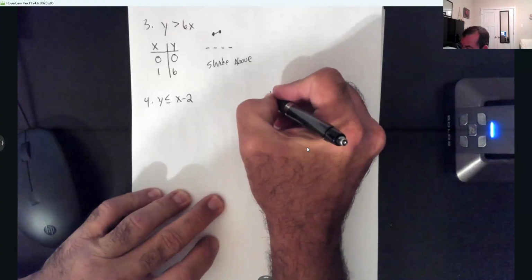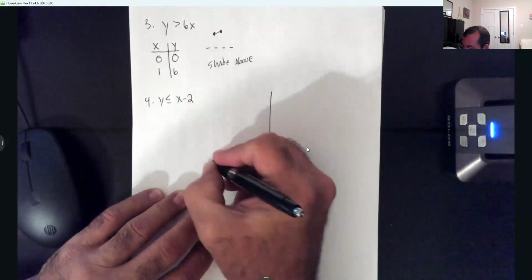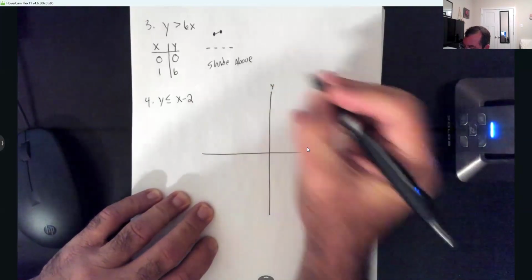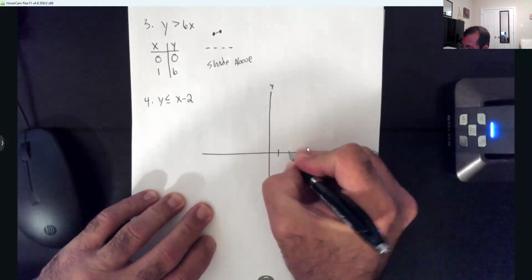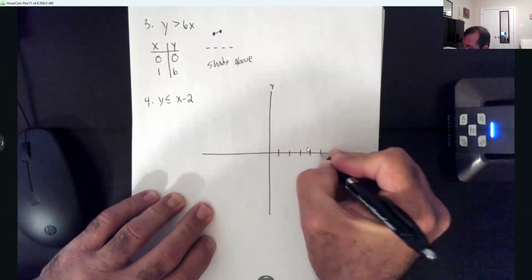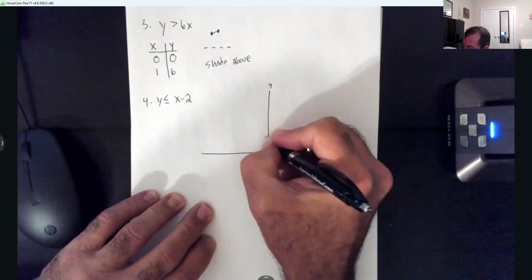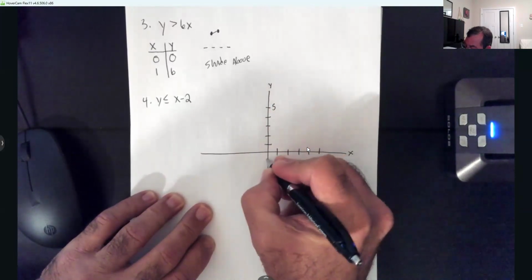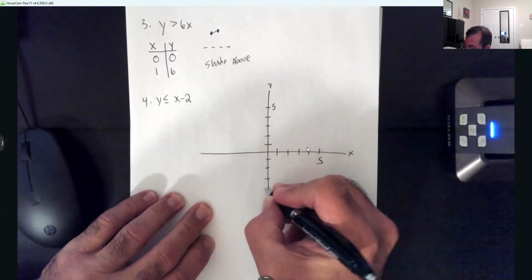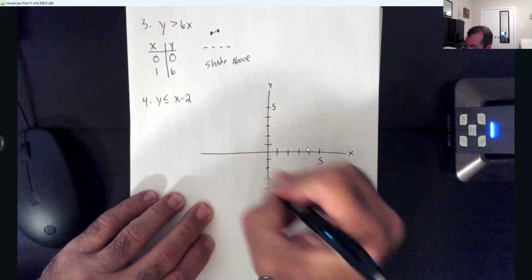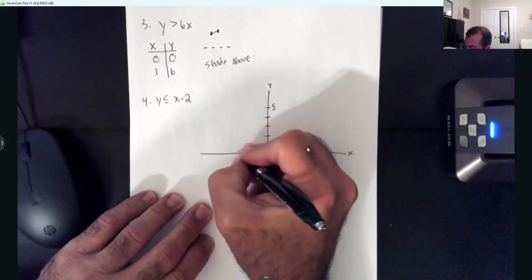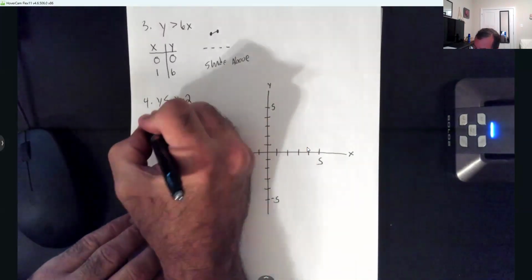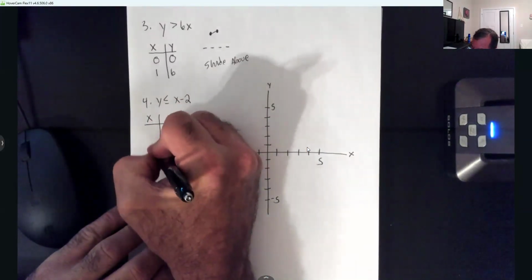All right, now I actually graph this one out. How about that? All right, so I'm going to make me an X and Y table.